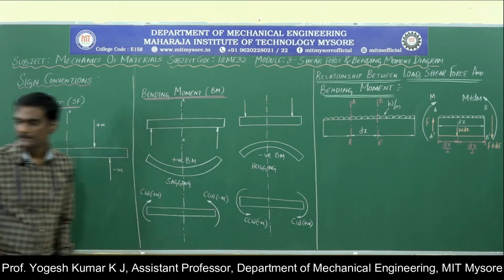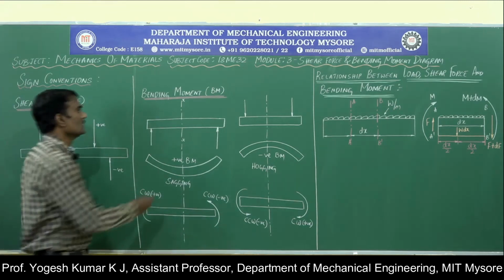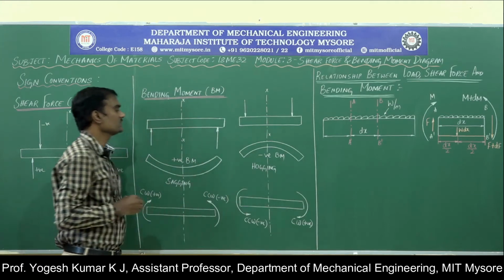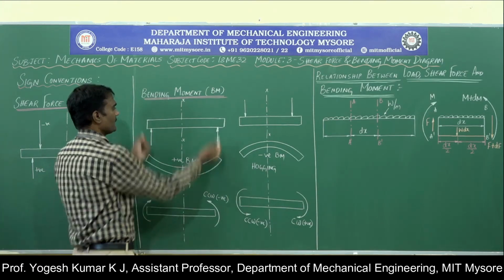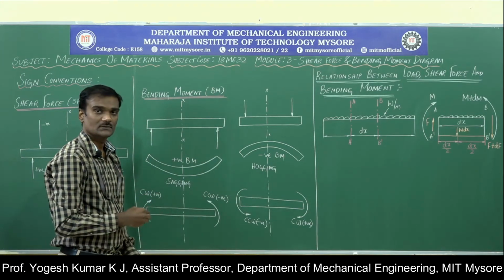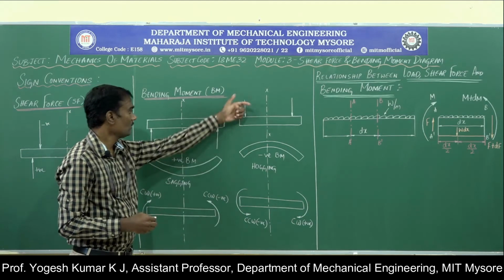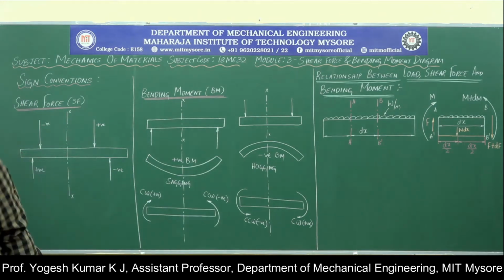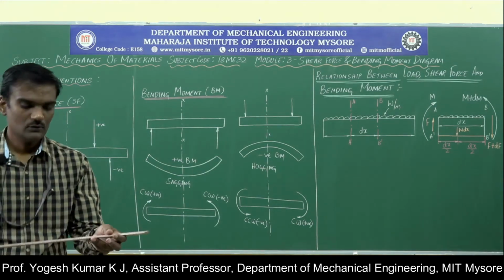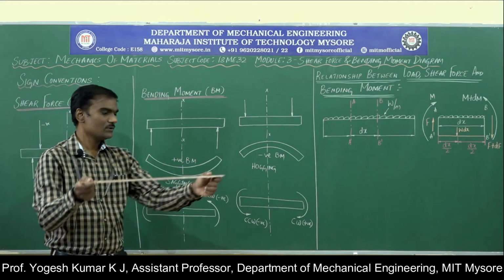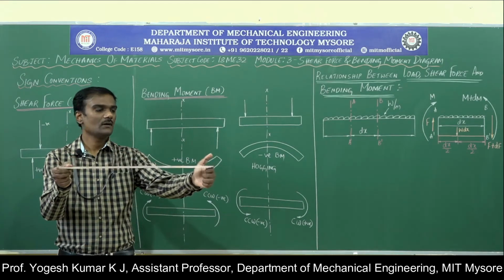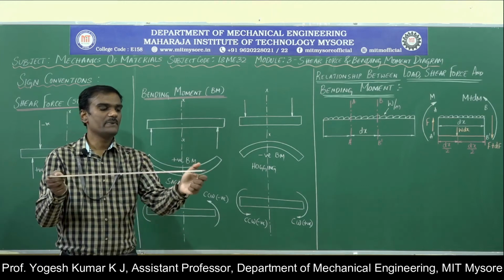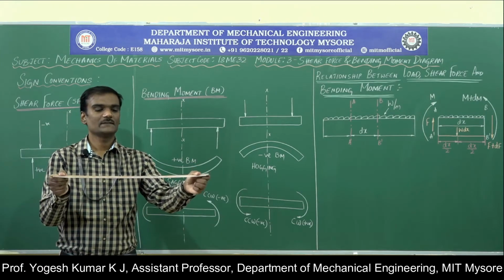So in bending moment, we may have two situations: the forces might be acting upwards, or the forces might be acting downwards. When the forces are acting upwards, as in the first case, the beam will be bending in this fashion.